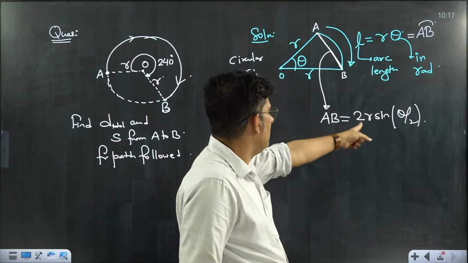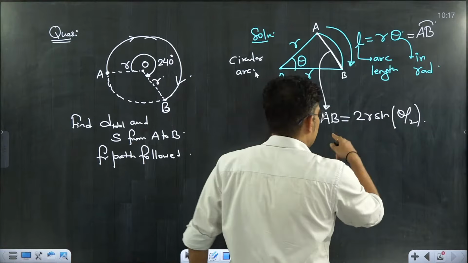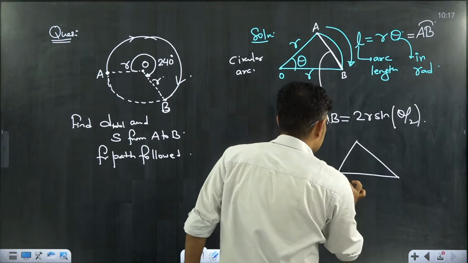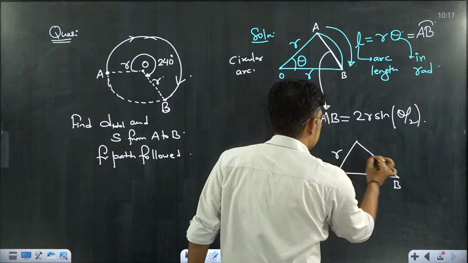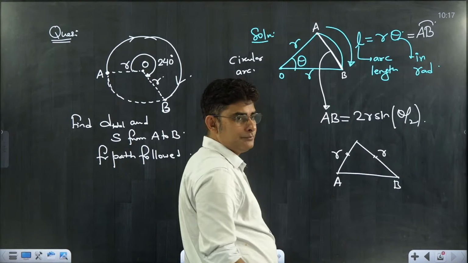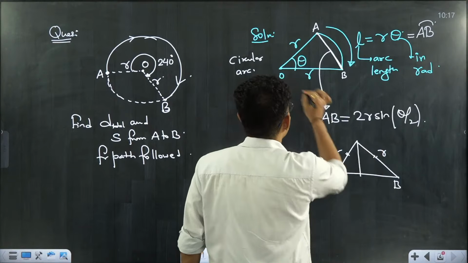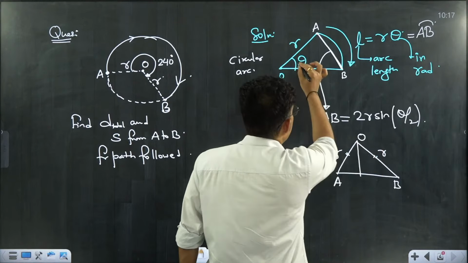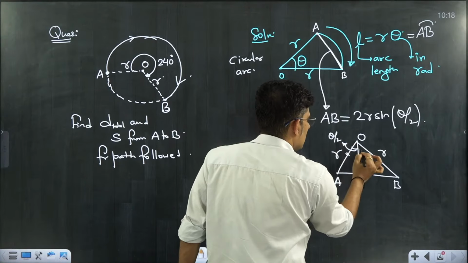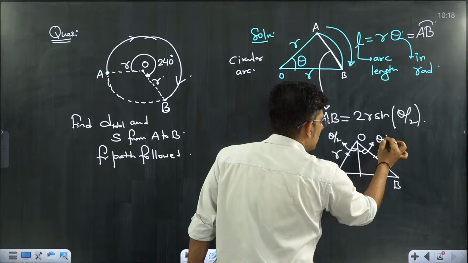So how did we get this 2r sine theta by 2? The result is simple. See how? If I take this as A and B and this is r, the total angle is theta. You can see it is an isosceles triangle. Suppose this is O. Now the total angle is theta, so the half angle will be theta by 2. This half will also be theta by 2.